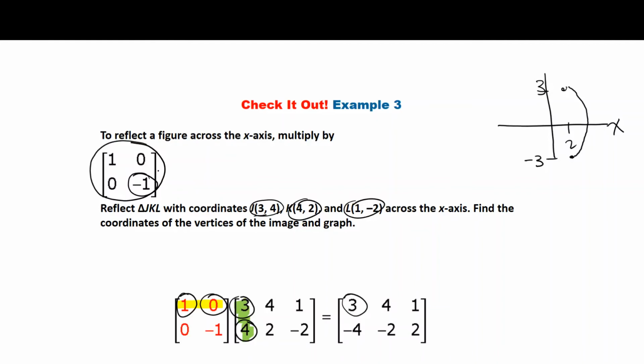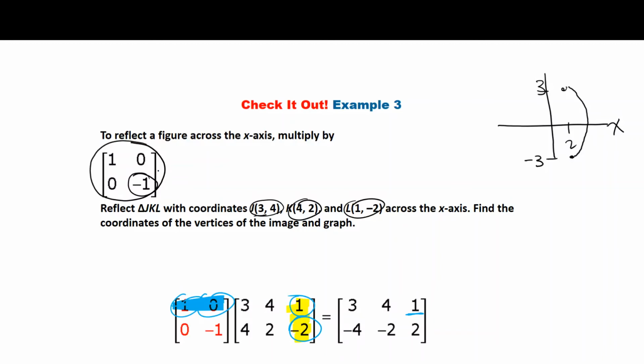Again, information in the first row times information in the second column now. 1 times 4 plus 0 times 2 gives us 4. One more time, information in the first row times information in our third column now. 1 times 1 plus 0 times 2, and that's how we get our 1.